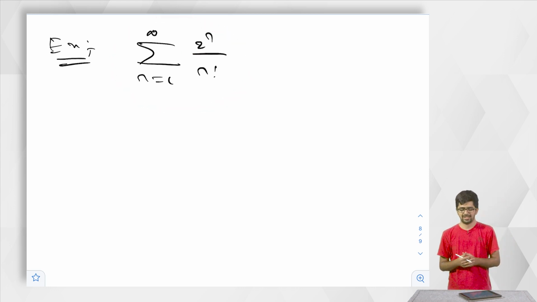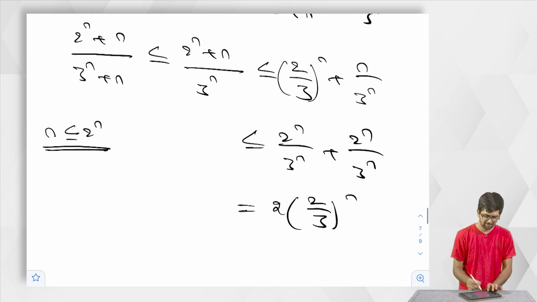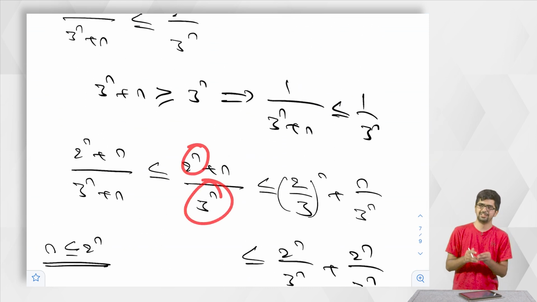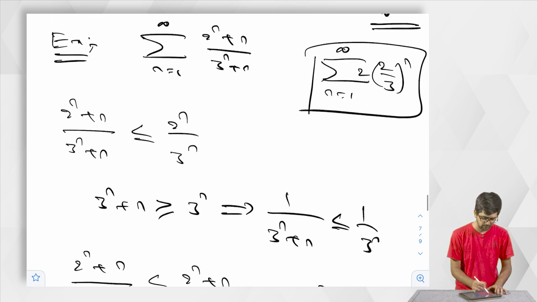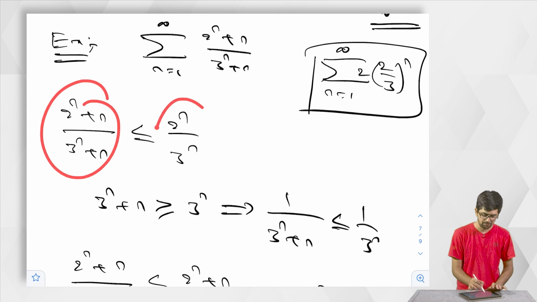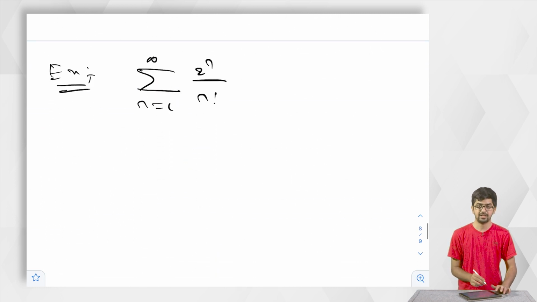What I know is, as I said, whenever I see 2^n by 3^n, something like that, then I will think of just (2/3)^n. Then I will try to estimate this with that. Let us see if it is possible here also.